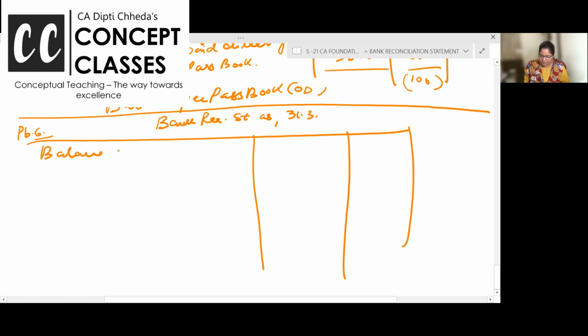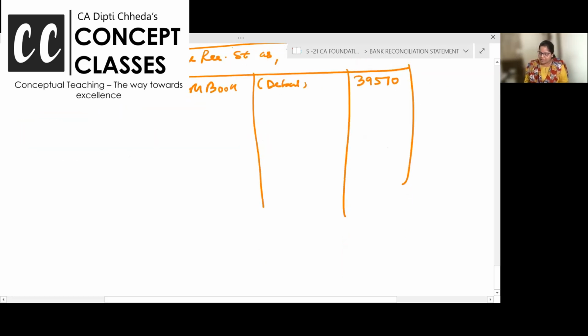Balance as per cash book. That too, which balance is there as per cash book? 39,570 debit balance, normal balance. If nothing is given, it's normal. If it is overdraft, they will tell you. So balance as per cash book is given.